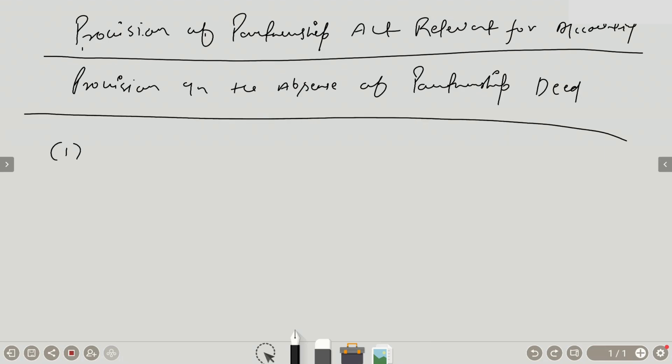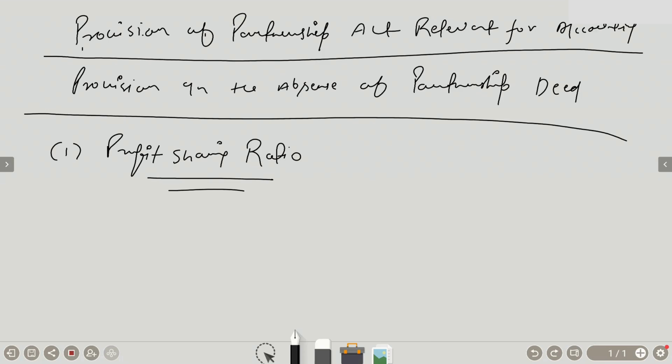number one is profit sharing ratio. Now look, if the partnership deed has not written anything about the profit sharing ratio between the partners, then the partners of the partnership firm share the profit equally.